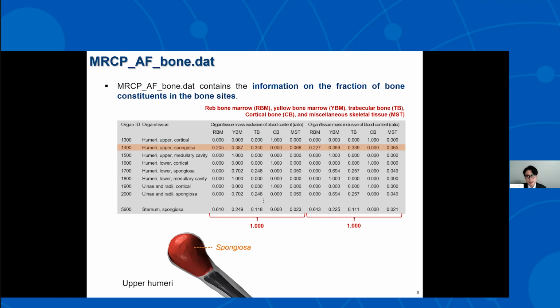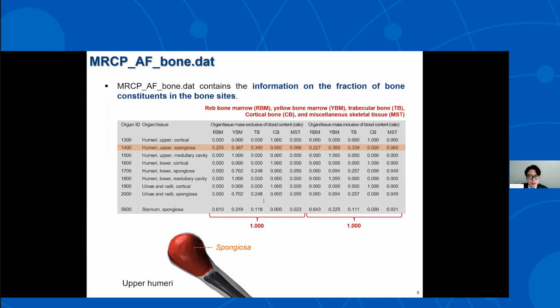The blood content was distributed to each skeletal tissue in a different fraction, so we provide a ratio for both inclusive and exclusive of blood content.